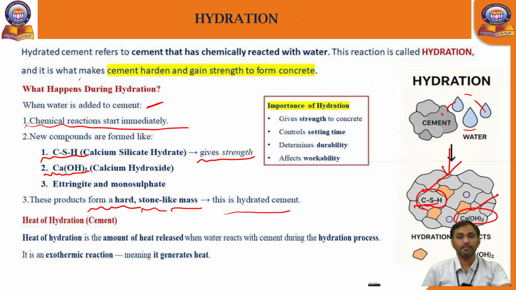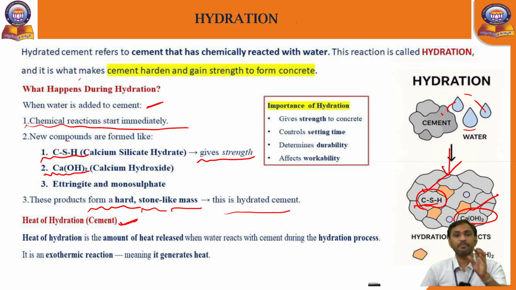Then what is meant by the heat of hydration? The heat of hydration concept is somewhat interlinked with this hydration. What is meant by hydration? In the cement powder, I add the water, there will be a chemical reaction with the water.